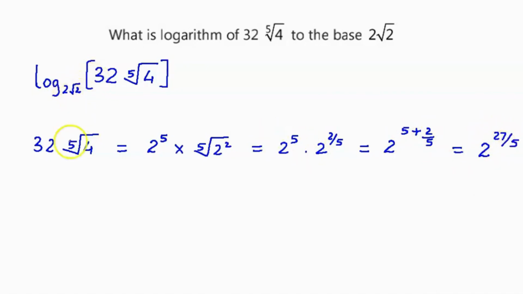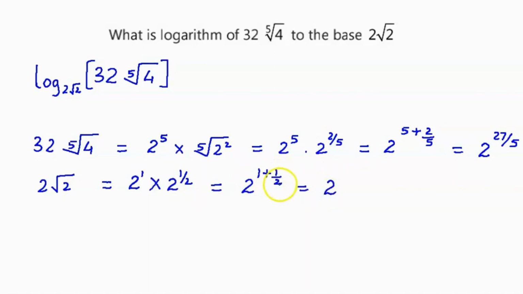Now we consider the base 2 root 2. This could be written as 2 raised to 1 into root 2, which we can write as 2 raised to half. Again we can add these two powers. So this is 2 raised to 1 plus half. So this becomes 2 raised to, now 2 ones are 2 plus 1. So that's 3 by 2.